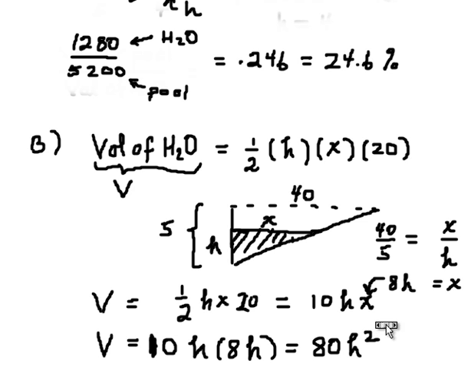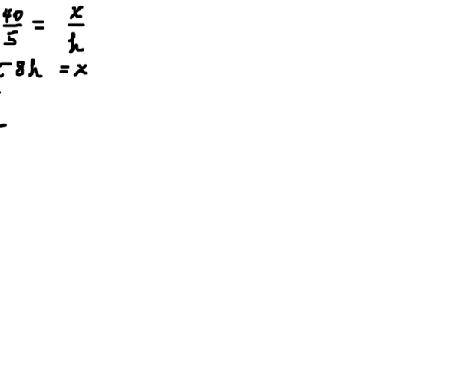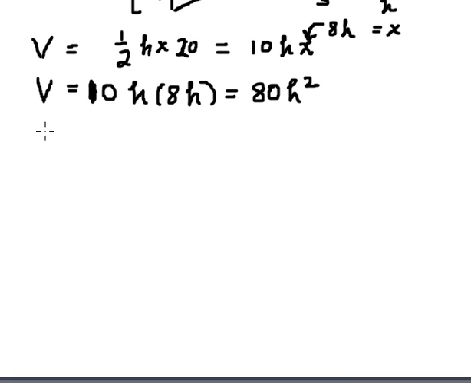Now it's easy to differentiate with respect to t. Let me bring that up again. Here we are. dv dt is equal to 80 times 2h times dh dt.